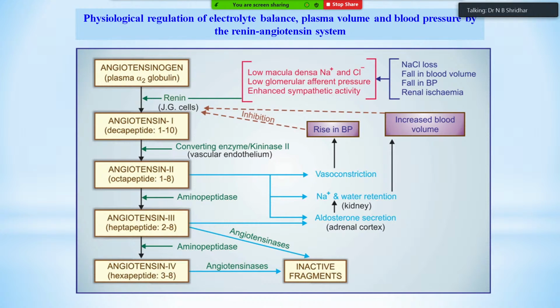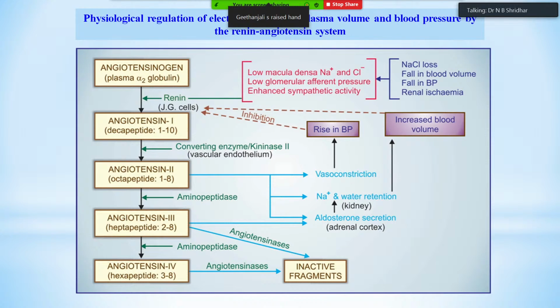Angiotensin 3 is converted to angiotensin 4, a hexapeptide, and inactive fragments are formed with the help of the enzyme angiotensinase. The same enzyme acts on angiotensin 4 to form inactive metabolites.